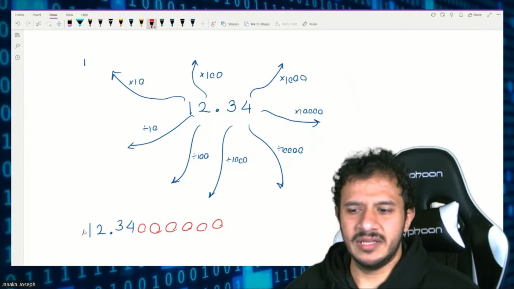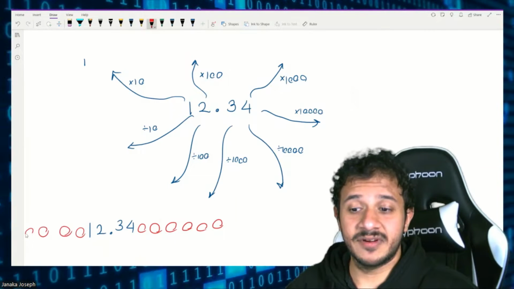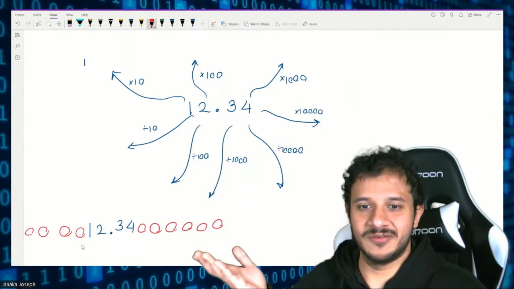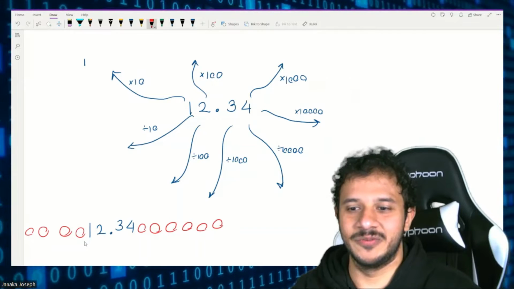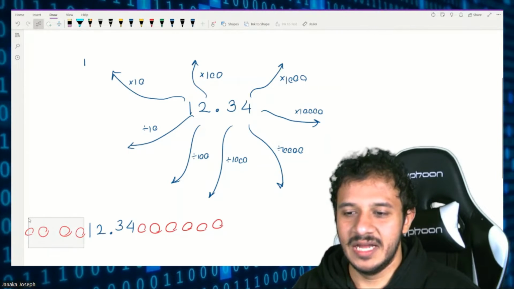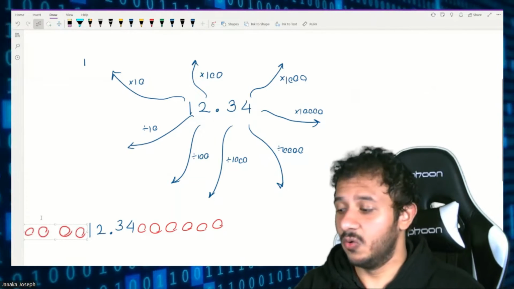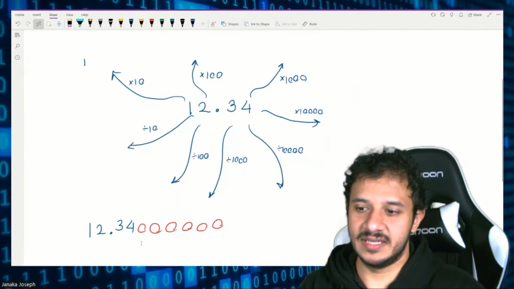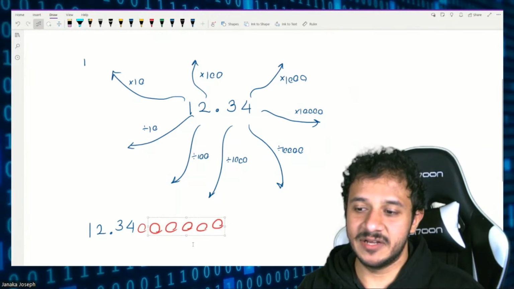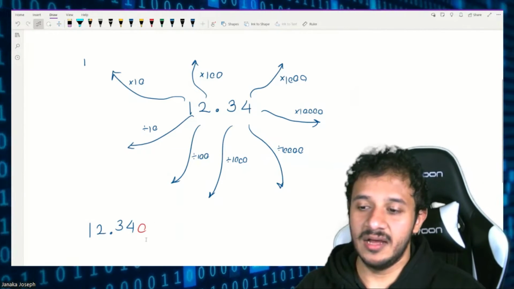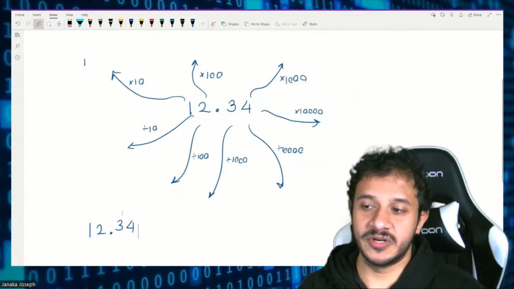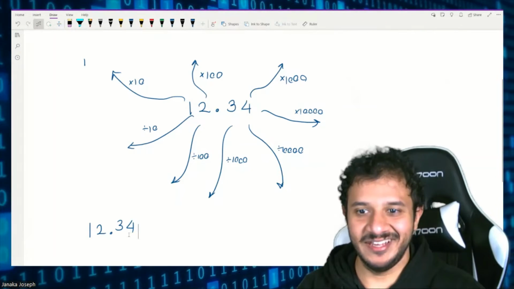Even in front of 12, we can write thousands of zeros. We just don't write them because zeros in front of a whole number are unnecessary, and zeros at the end of a decimal number after the decimal point are unnecessary. That's why we don't write them, but it doesn't mean that they're not there. They're there, all right?